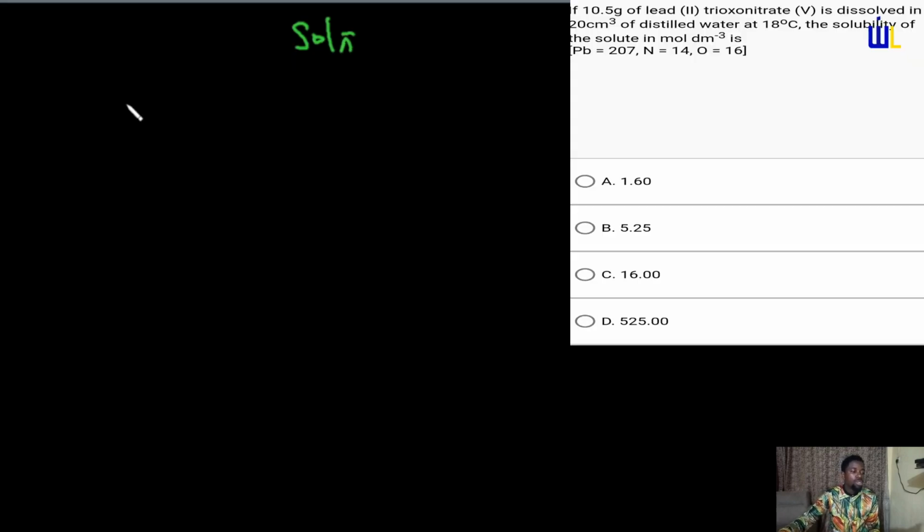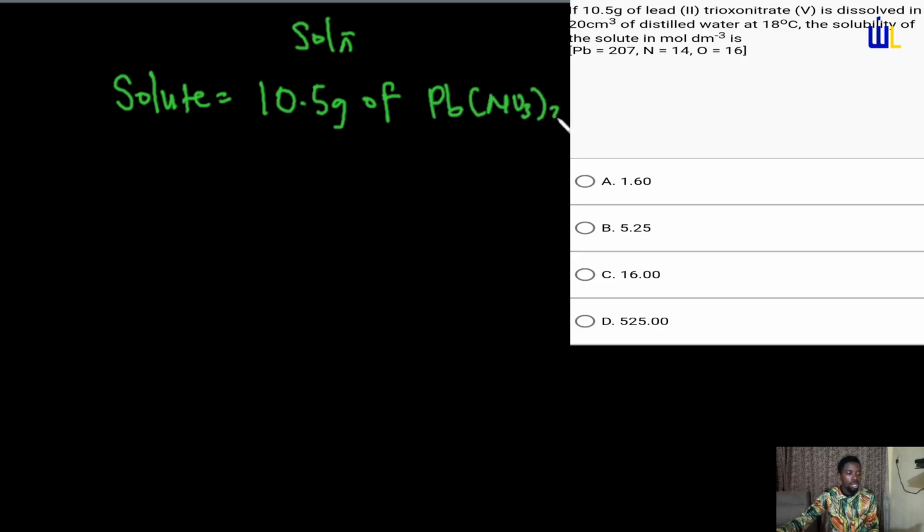Now if you look at the question, your solute is 10.5 gram of Pb(NO3)2. Your solute is actually the substance that is being dissolved, and your solvent is the substance that dissolves another substance. So have that in mind. We discussed this when we described true solution, so you can look up that video too.